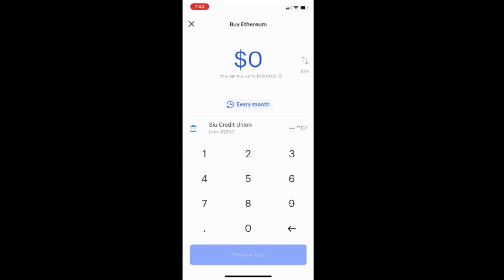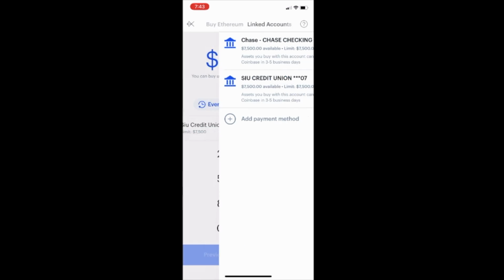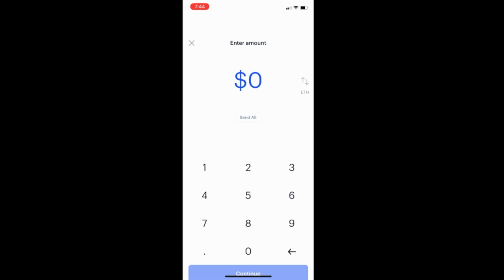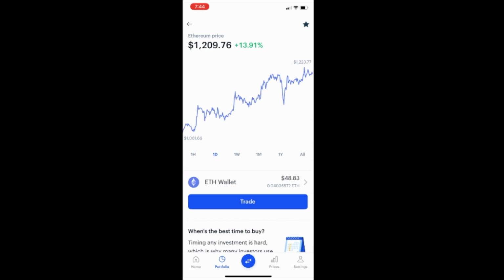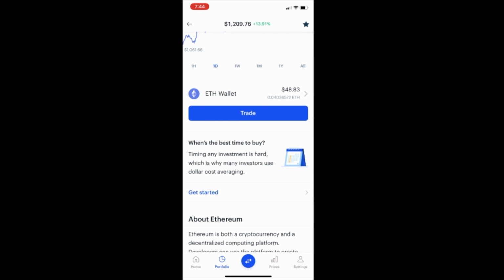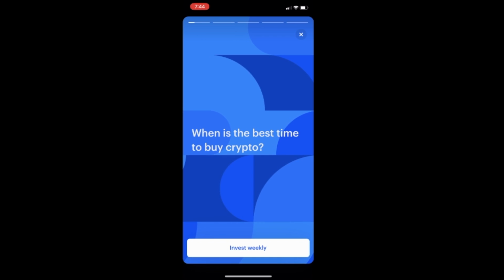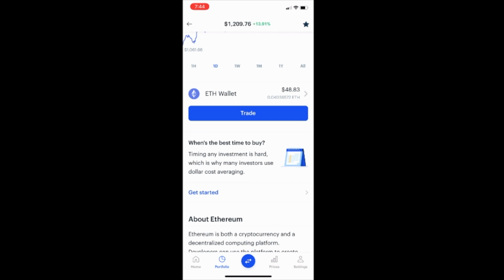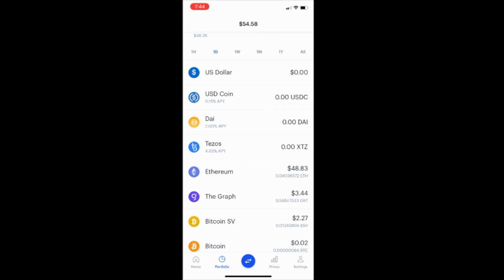I guess maybe one thing you could do is trade for a coin in case it starts gaining value, or starts losing value or something like that. But even then, I think it still takes the percentage from you, if I'm not mistaken. So yeah, not a huge fan of Coinbase at all.